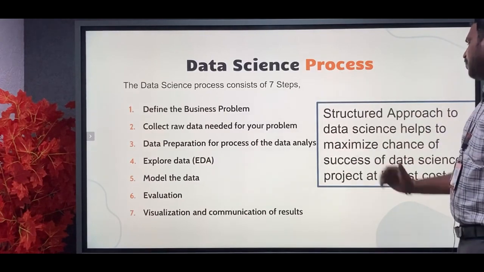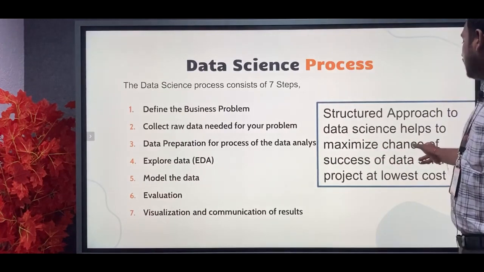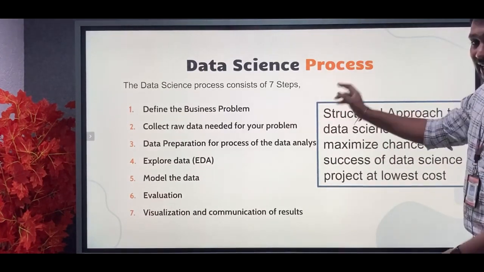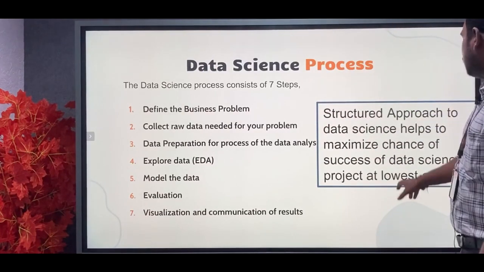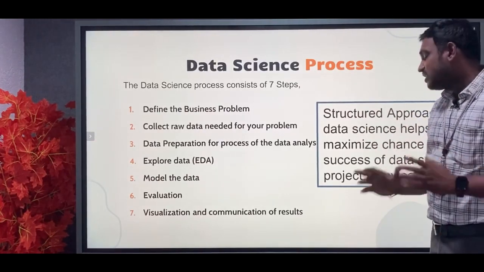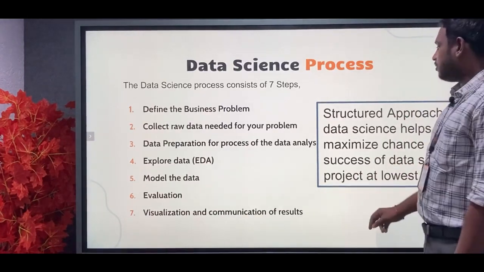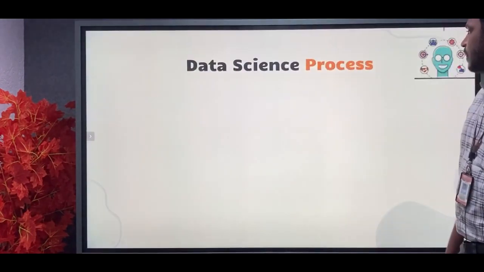So if you follow this approach to implement the data science process on a project, then there is a maximized chance of success at lowest cost. So cost may be low.